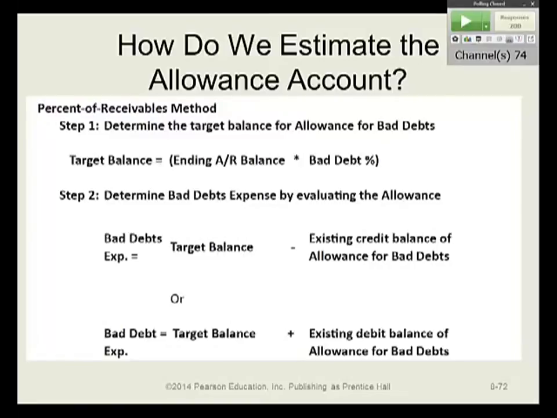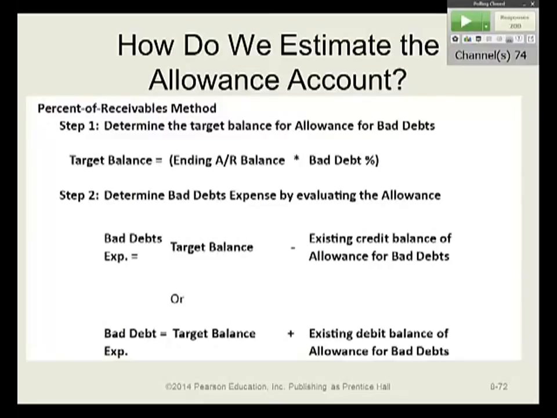Let's say I have accounts receivable with a balance of 500, and an allowance for bad debts with an existing balance of 40. Let's say my estimated target is 10% of accounts receivable.